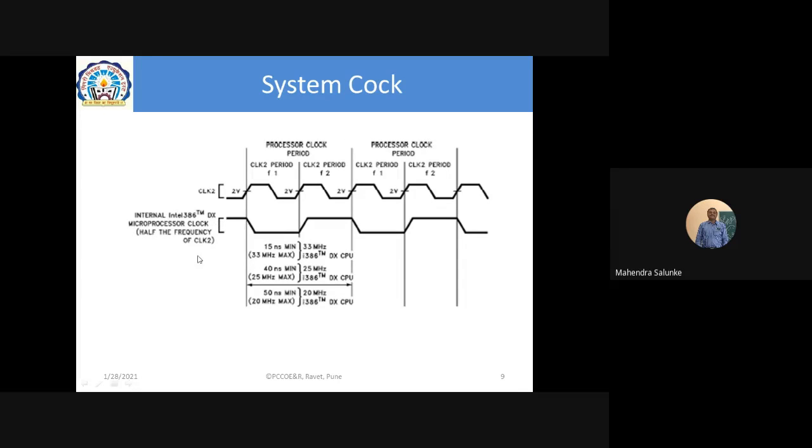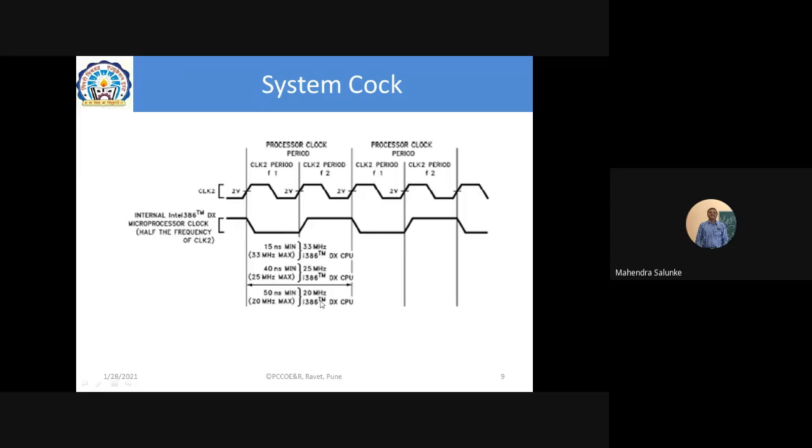The microprocessor clock is internally generated by the processor, but it is mandatory to apply the proper CLK2 input, whatever the external clock frequency. We have three versions of 80386: 20 megahertz, 25 megahertz, and 33 megahertz.